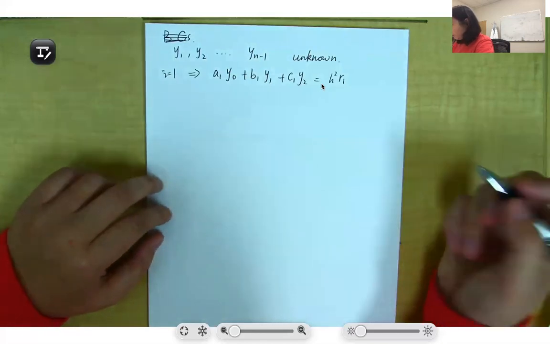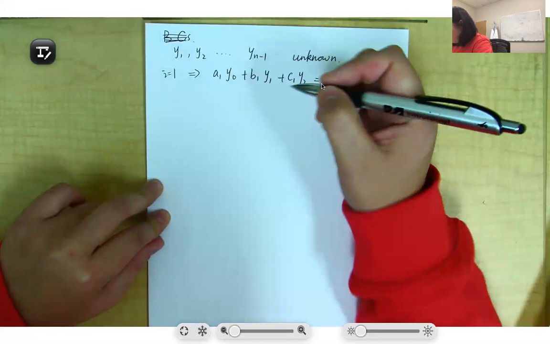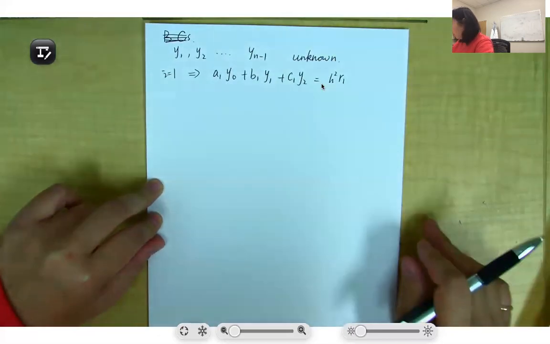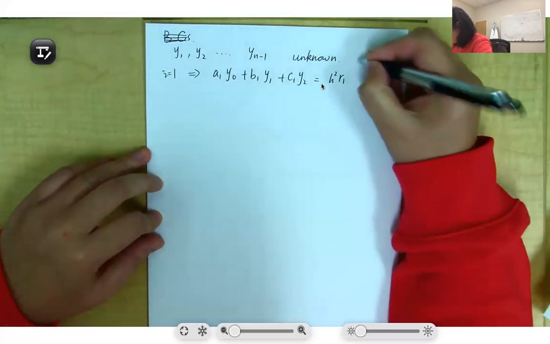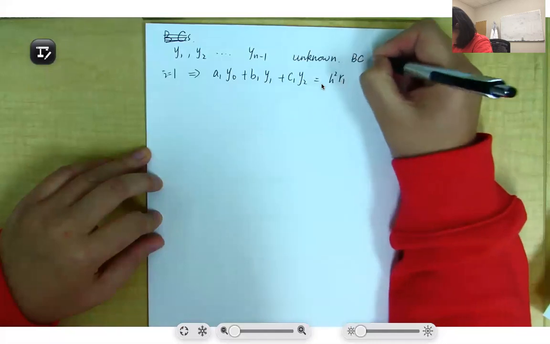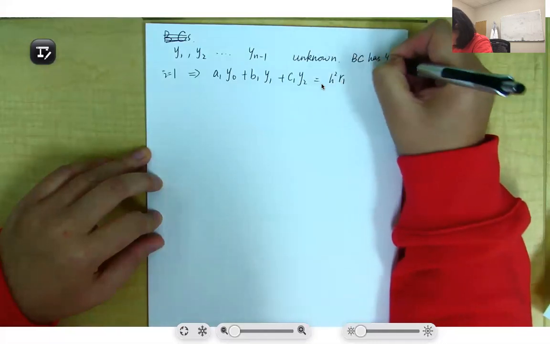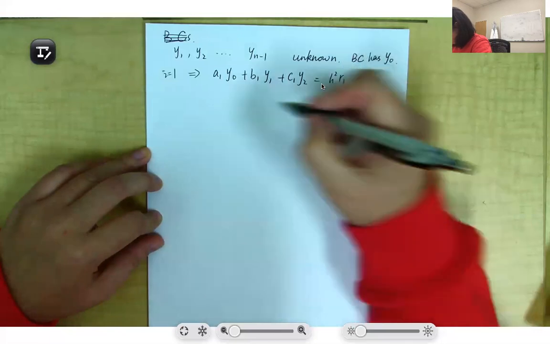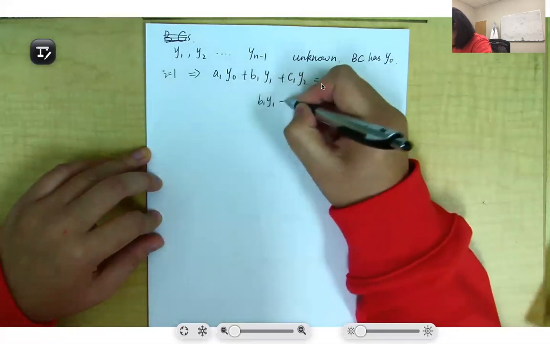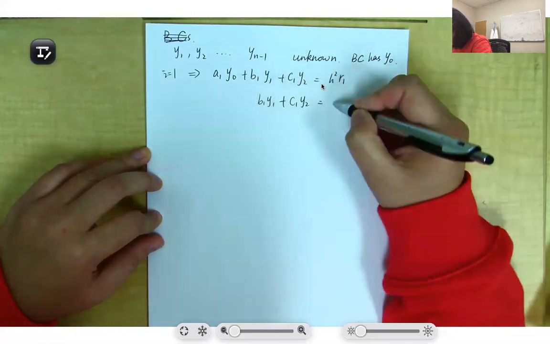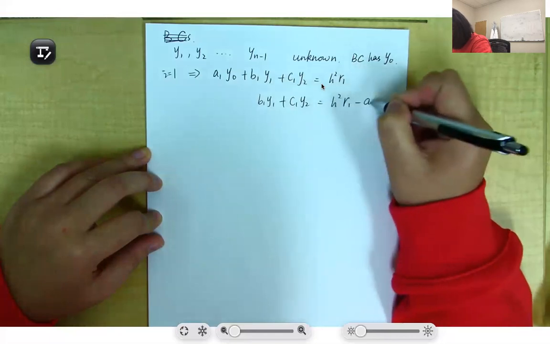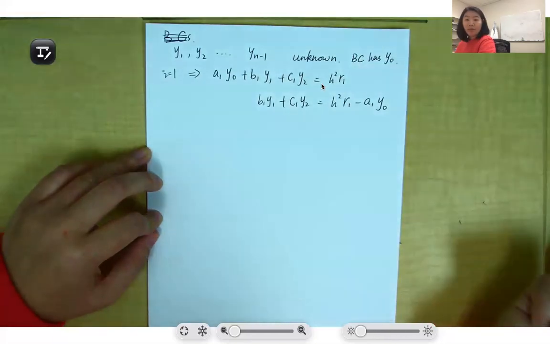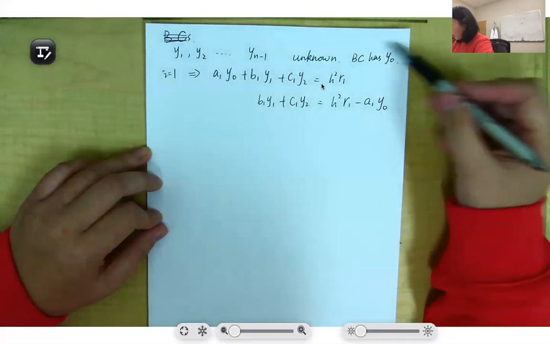And if you know y0, for example, if your boundary conditions have y0, then we can say b1 y1 plus c1 y2 equals h squared r1 minus a1 y0, okay? If you have the boundary conditions.